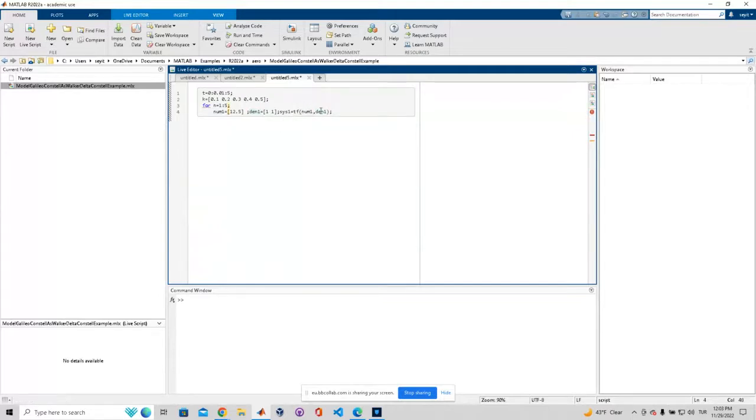So you remember how to take a transfer function of a system, right? We did it in previous labs. You define your numerator here, you define your denominator, and then you just write system 1 equals tf. This function creates a transfer function, and in parentheses you need to write your numerator and denominator, right?